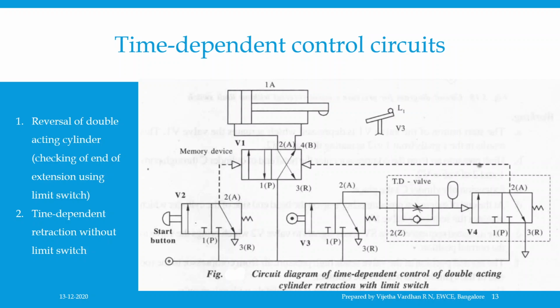In addition to this, the pressure buildup on the rod end side of the piston is not constant, depending on the load, which is an additional source of error in the circuit. And the circuit shows the time dependent retraction without the limit switch.